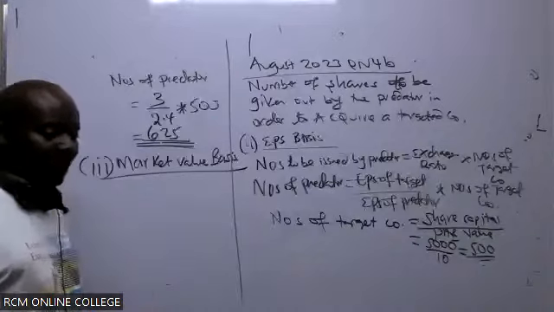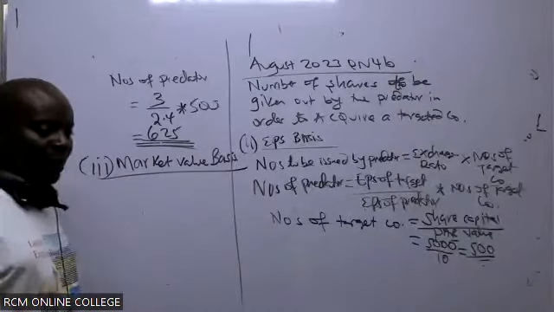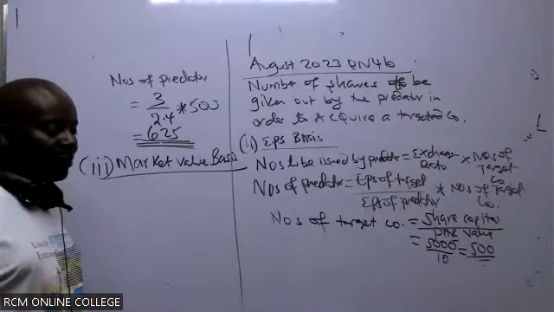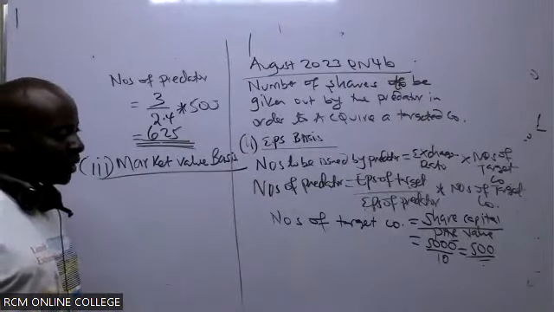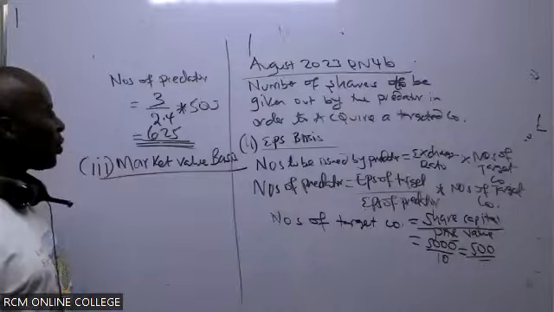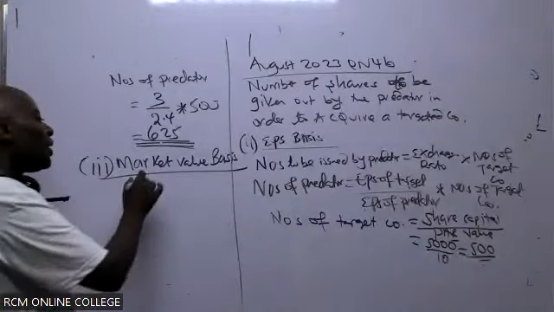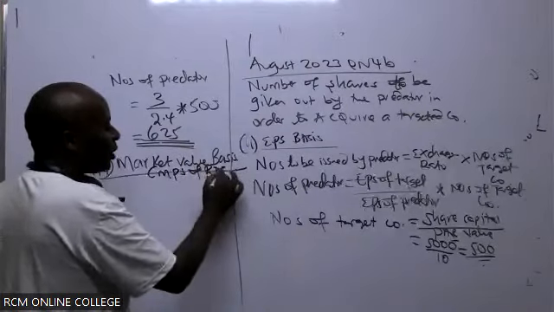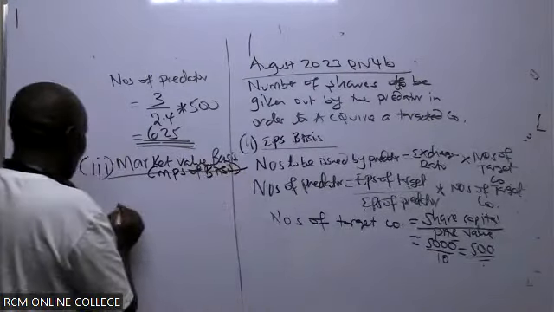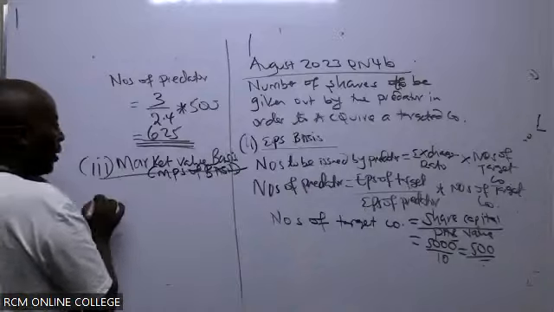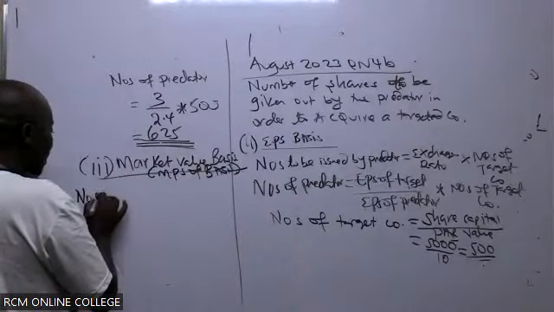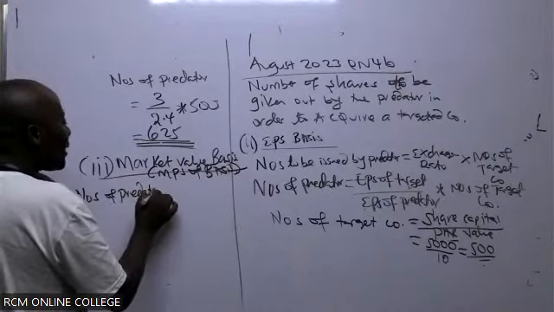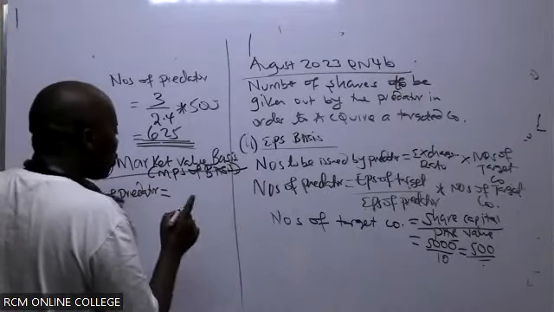So market value basis. As Nancy is pondering on this, Nancy must have missed a couple of sessions in this. So market value basis, this is also known as the MPS basis. So in this case, ladies and gentlemen, to get the number of shares of the predator, the exchange ratio will now be on the basis of MPS.